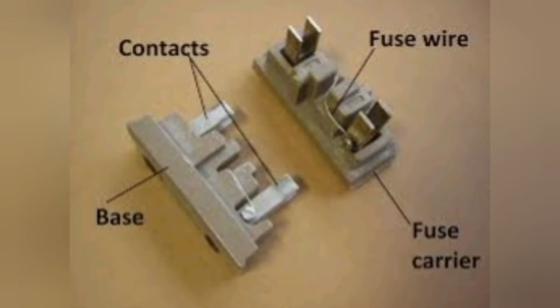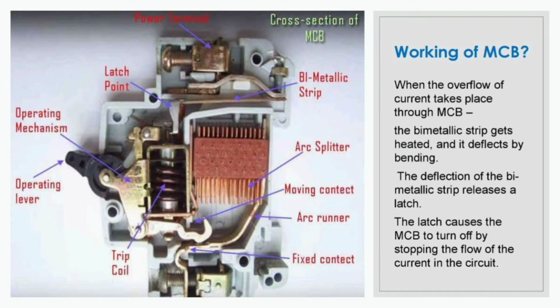That fuse is replaced nowadays with this MCB. So it is nothing but the replacement of the fuse. That means these MCBs will protect our equipment from overload and short circuit.